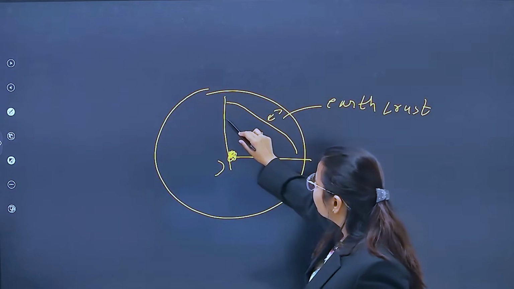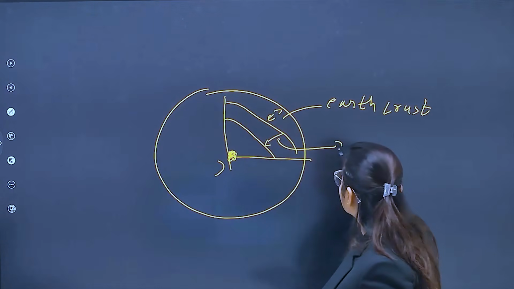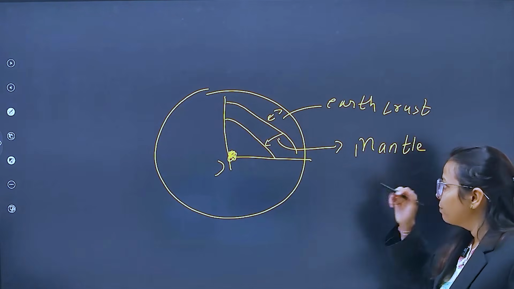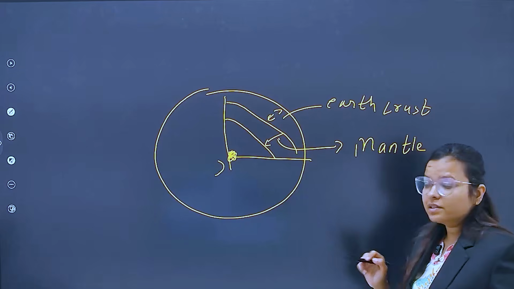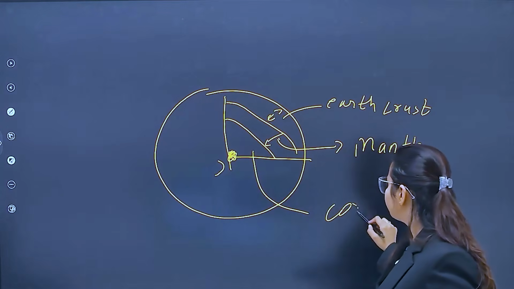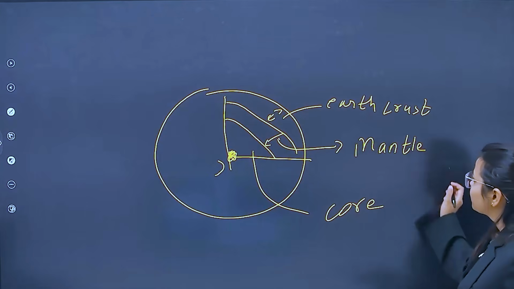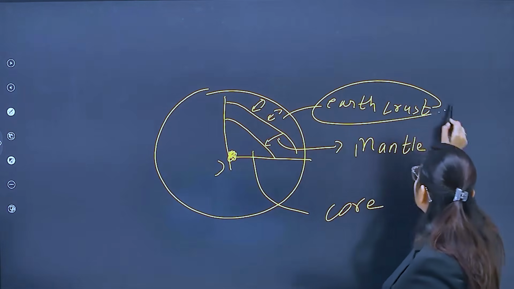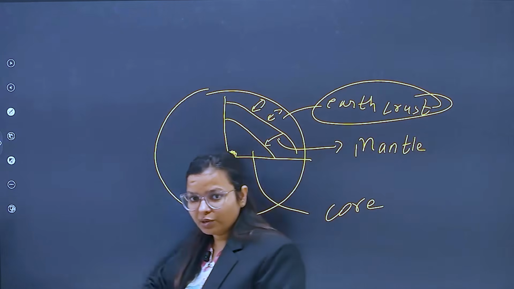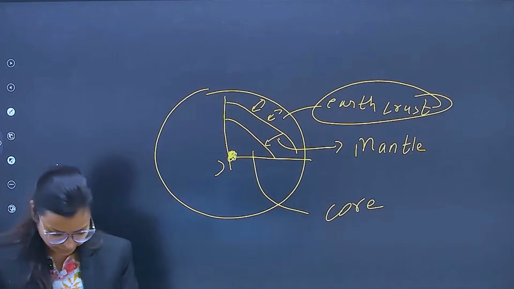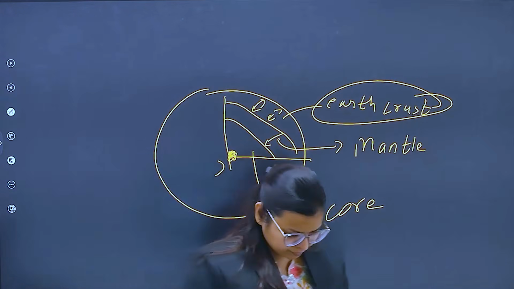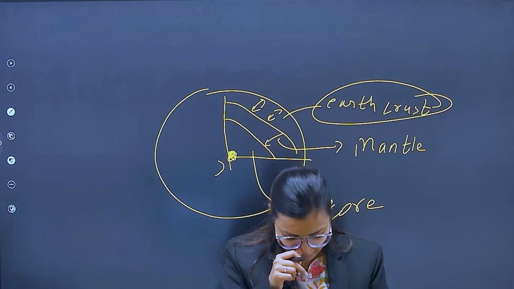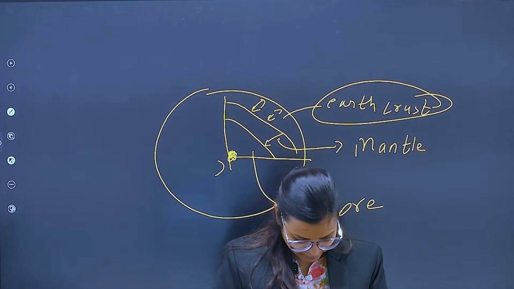The middle one is the mantle. Mantle is the part between the earth crust and the core, and this is the core of the earth. Soil is inside the earth crust, not in the mantle and not in the core. Crust, mantle, inner core or outer core. Yes, it is like that.